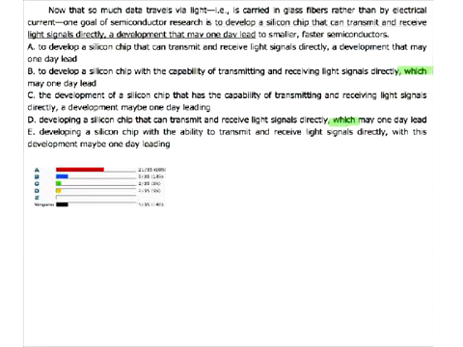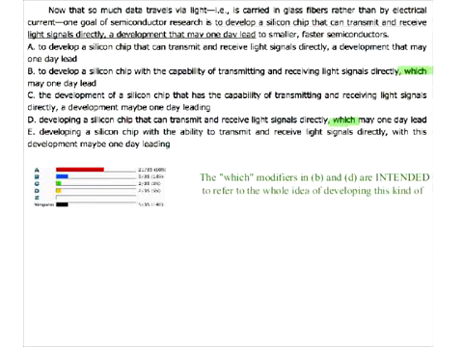So it's not the silicon chip. We're talking about the intention, not what it would grammatically be assigned to. Those are intended to refer to the whole idea of the development of the silicon chip. The whole idea of developing this kind of silicon chip.